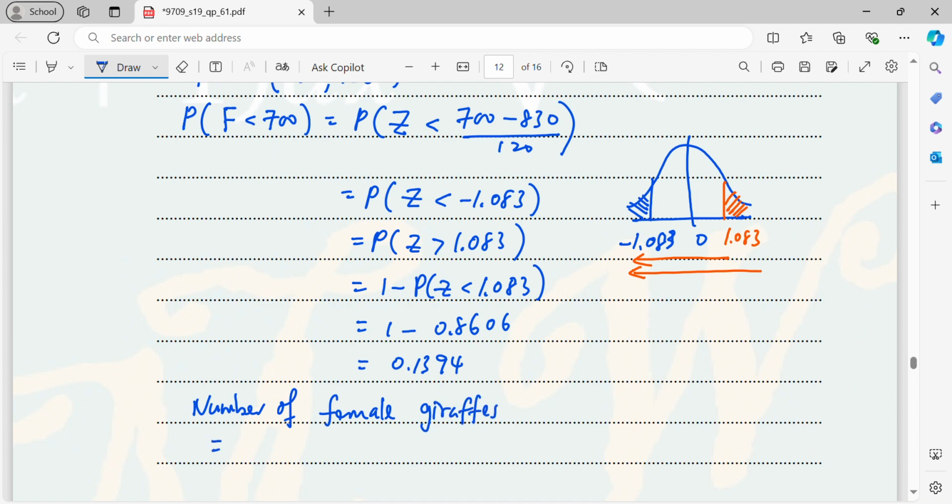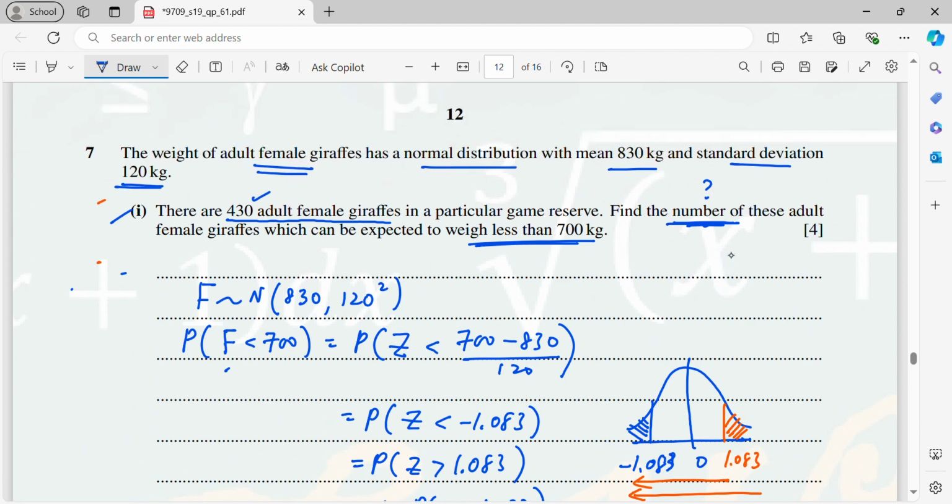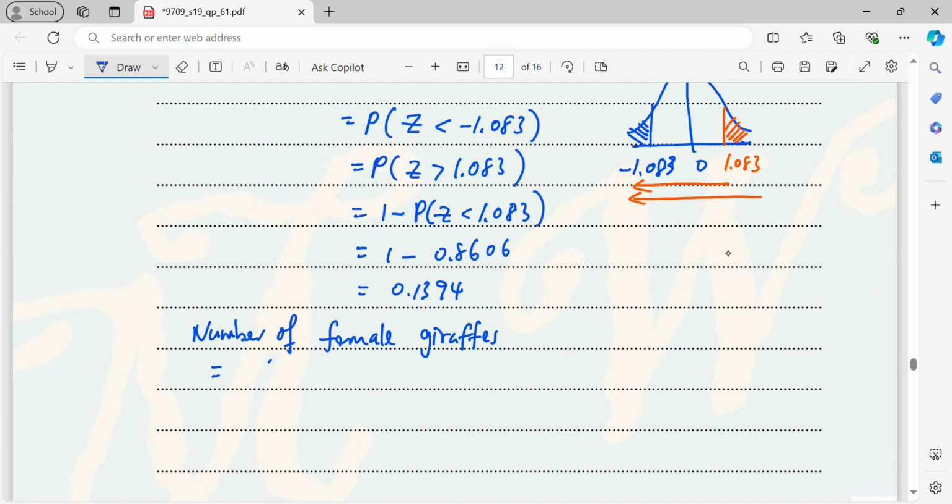So now, this 0.1394 means that for one giraffe, the probability of the weight being less than 700 kilograms is 0.1394. But now we are considering 430 giraffes. So that means I will have to multiply by 430.